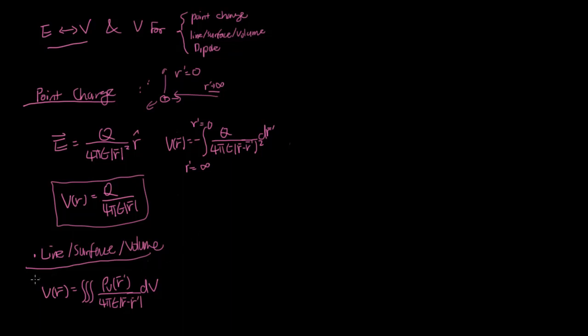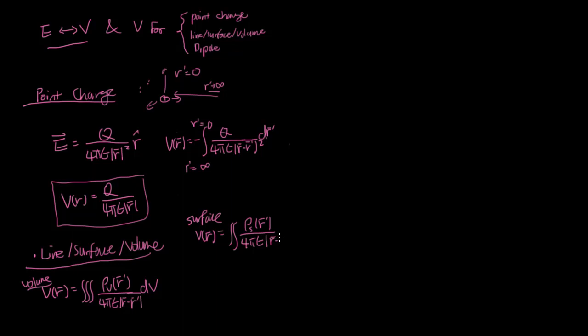So this is the volume. In the case of a surface, you would do the same thing. So V of r is going to be equal to the double integral of rho s. This is now a surface charge density, but otherwise your process would stay the same.